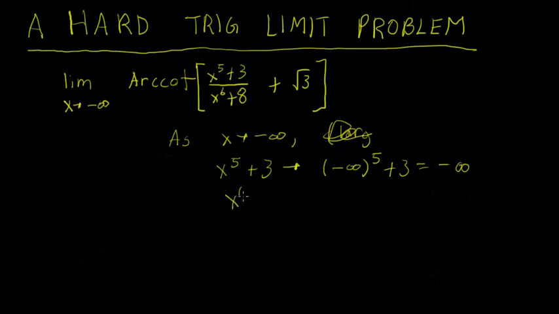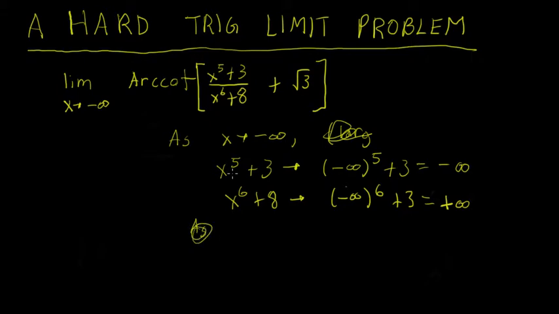But x to the 6th plus 8 goes to negative infinity raised to the 6th. A really big negative number raised to the 6th is going to be a really big positive number because this is an even exponent. You add 8 to a really big positive number, you will get an even bigger but positive number.